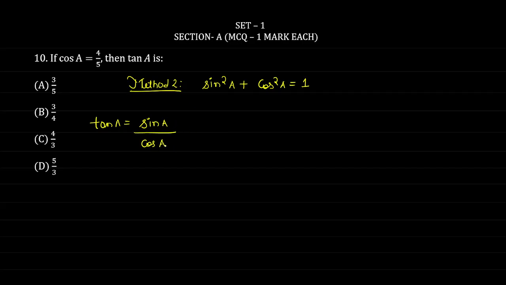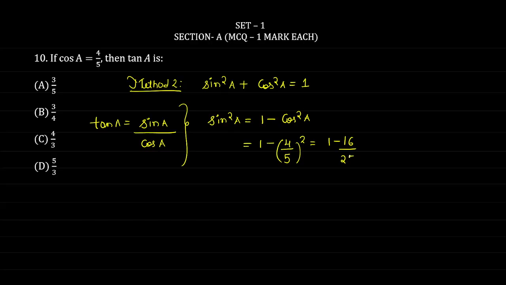Now, I know the cos value. If I can find the sine value, I can get my tan value, right? So for this, I need to calculate sine square A from cos square A. That can be written as 1 minus cos square A. Putting the value here, that is 1 minus 4 by 5 whole square, that is 1 minus 16 by 25.